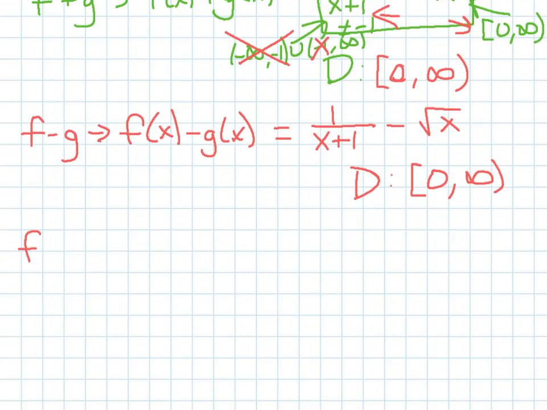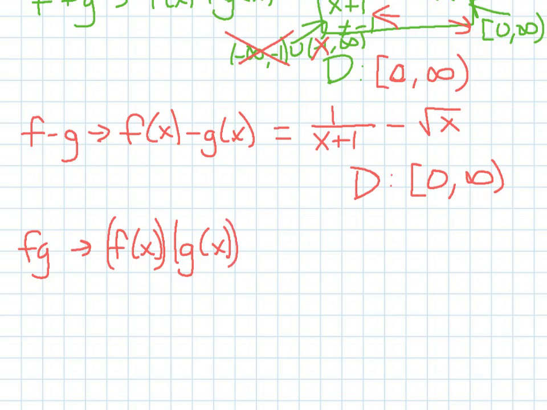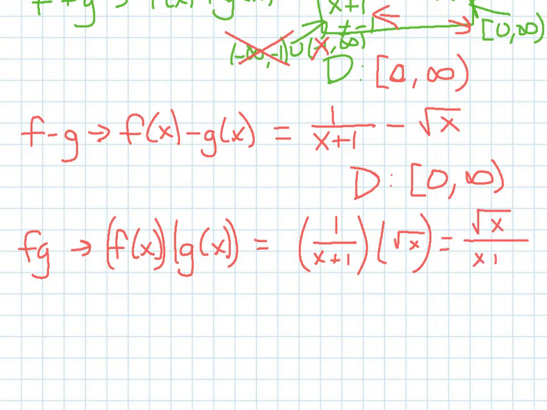If I multiply the two, that means I take 1 over x plus 1 times square root of x. Now here you could simplify it a little bit by saying square root of x over x plus 1. So then that would be your answer.